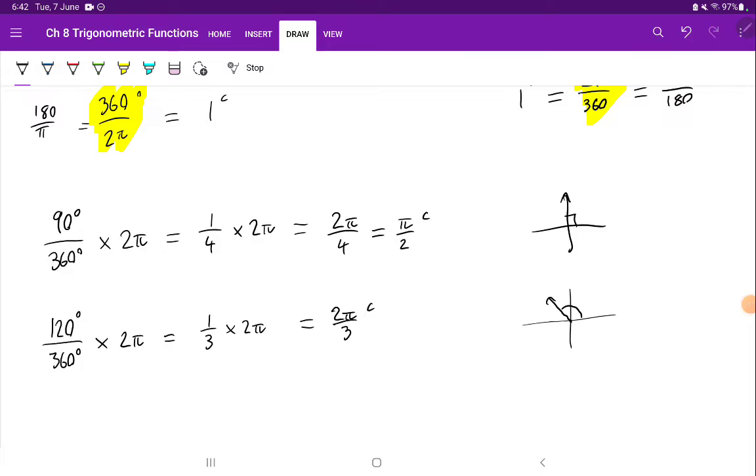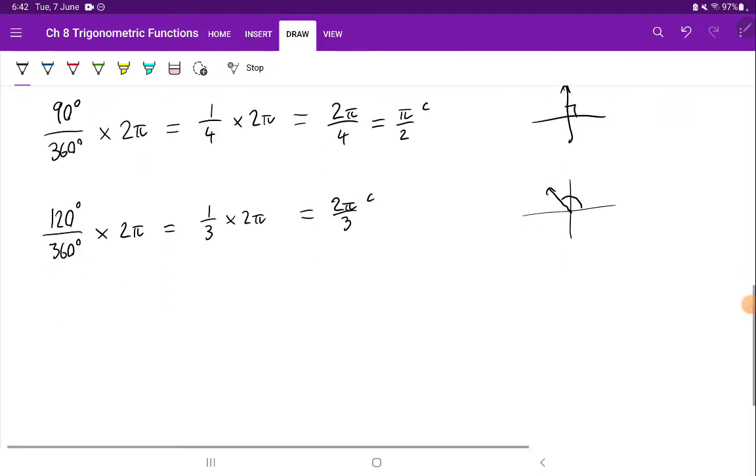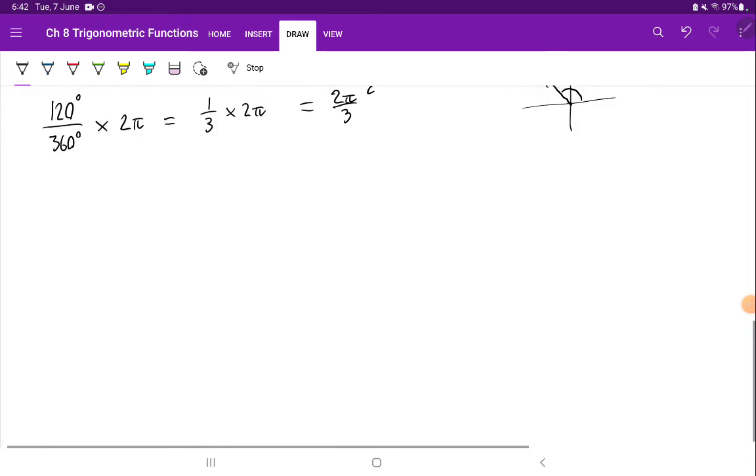But let's be able to do the opposite as well. If instead we wanted to convert 3 pi radians into degrees, well, what would we do? Well, 3 pi, we need to divide it by 2 pi, right? Because there's 2 pi in a full circle, and then we would times it by 360.